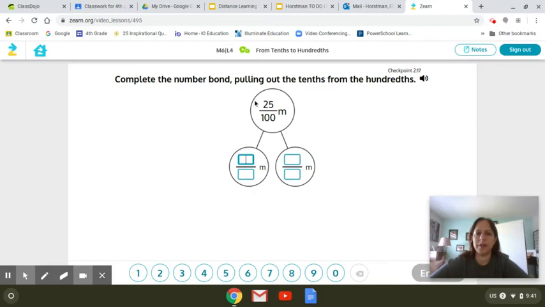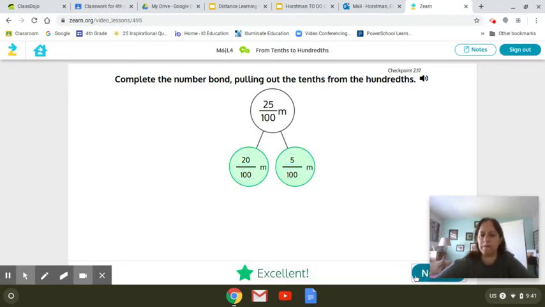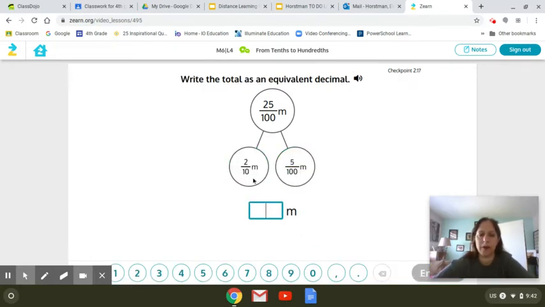Now we see it as a number bond. How did we break that up? They had it as 20 hundredths or 2/10, either way. But I'm going to put meters and 5 hundredths. You could write it as 20 hundredths or 2/10, but it was how many meters? 25 hundredths.